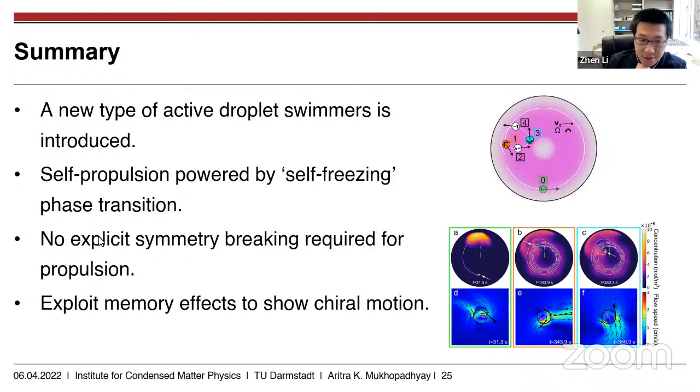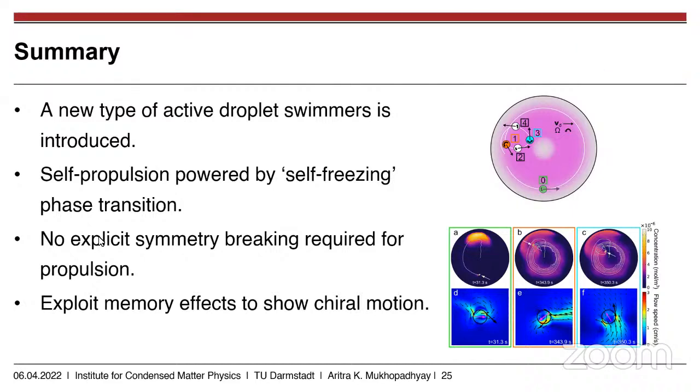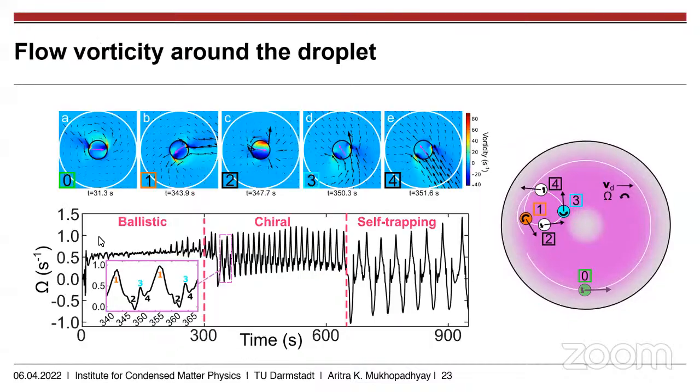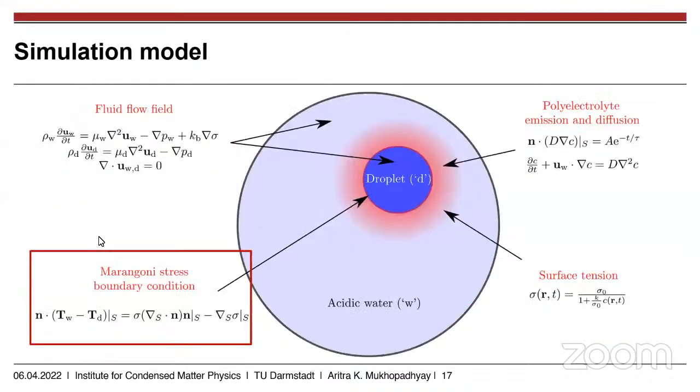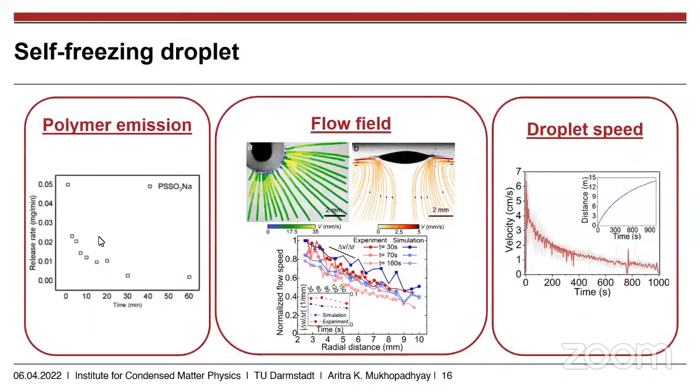Any other questions? Yeah, go ahead. I have a question. It's a really nice talk. I have two questions. The first is, in the experiment, when the drop is freezing, does the shape change from spherical, and does that shape change have any effect? And the second question is on the simulations, so it's more like a comment.